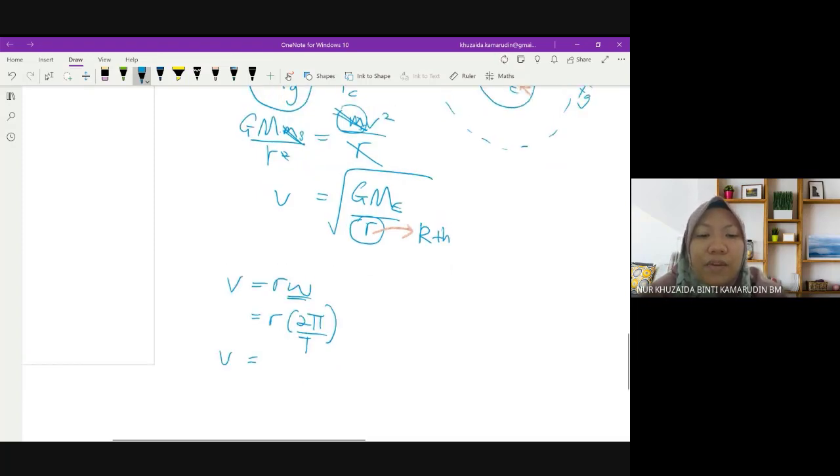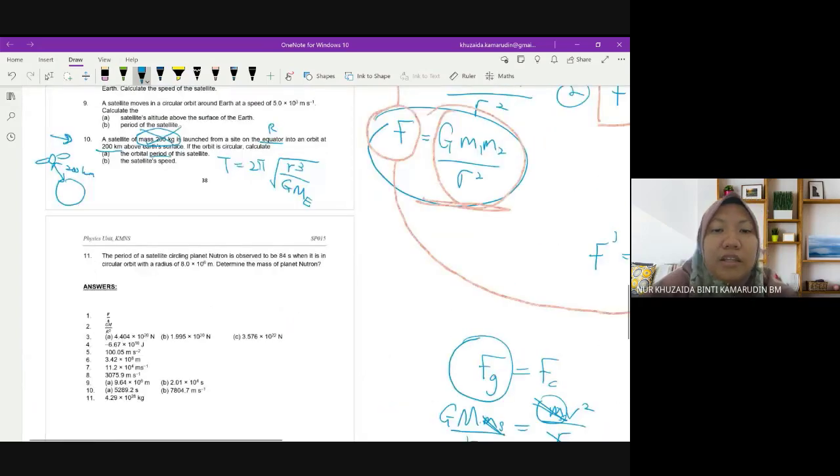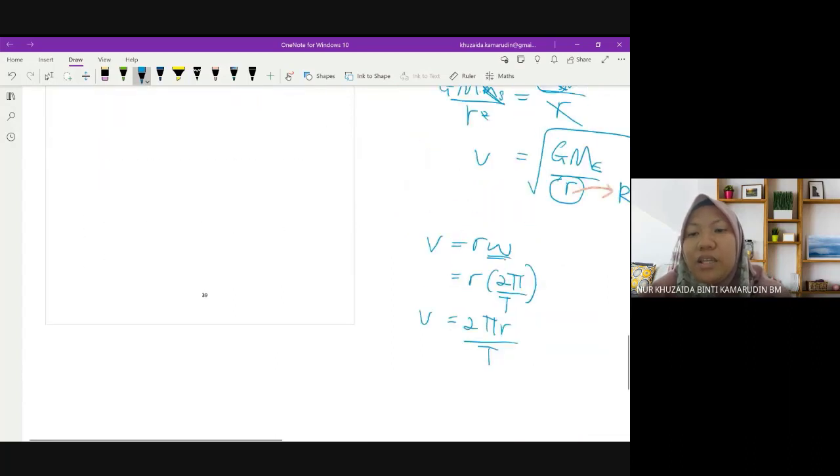So we have V equals with 2 pi R over T. Okay, if you use this equation, you akan dapat nilai yang sama jugalah.